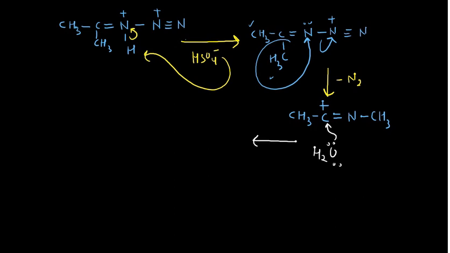Then you end up with this species, CH3C, double bond N, CH3, this would be your O, this is H, this is H, of course the positive charge over there. There is no problem in that.